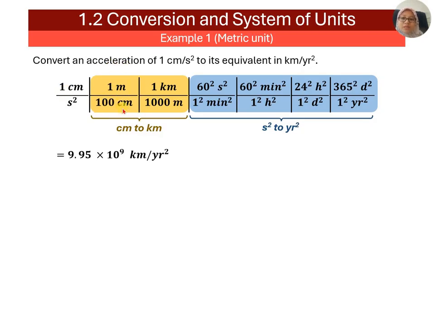We know that 100 centimeter is equal to 1 meter. So this is our first conversion factor, but we are not done because we have to convert that to kilometer. So you have to use a second conversion factor, which is 1 kilometer over 1000 meter.